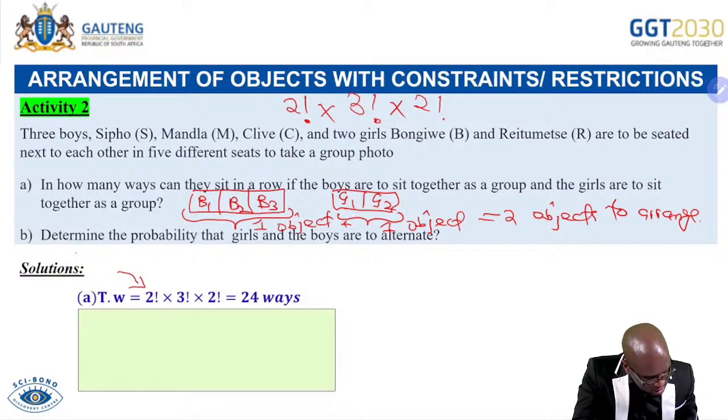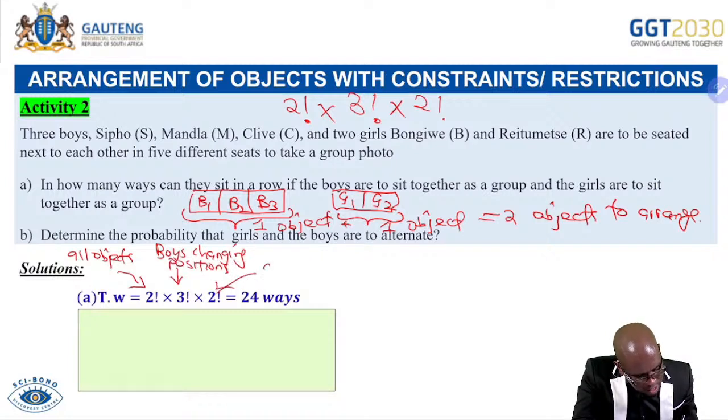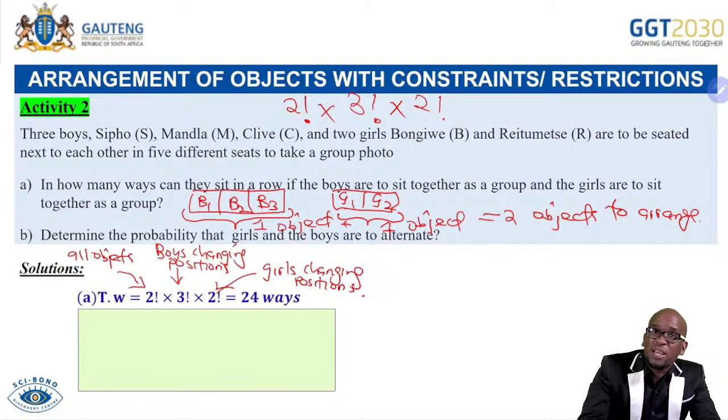We explained that the 2 factorial is for all objects, and then the 3 factorial is for boys changing positions, and the 2 factorial is for girls changing positions. So that's what we get there.